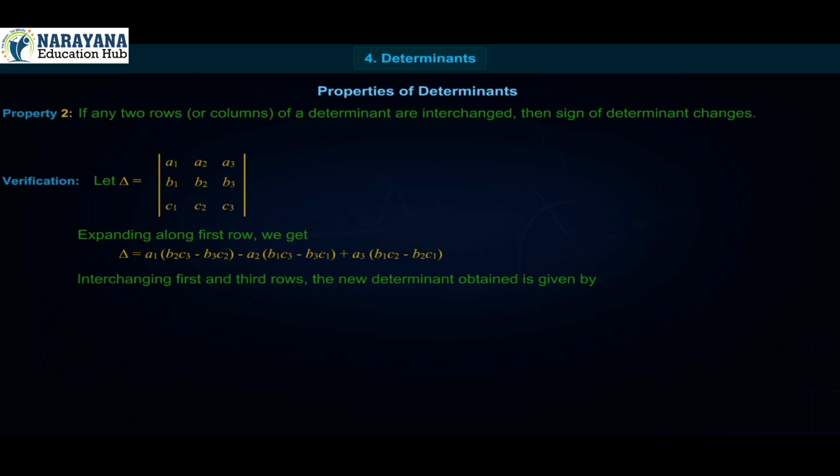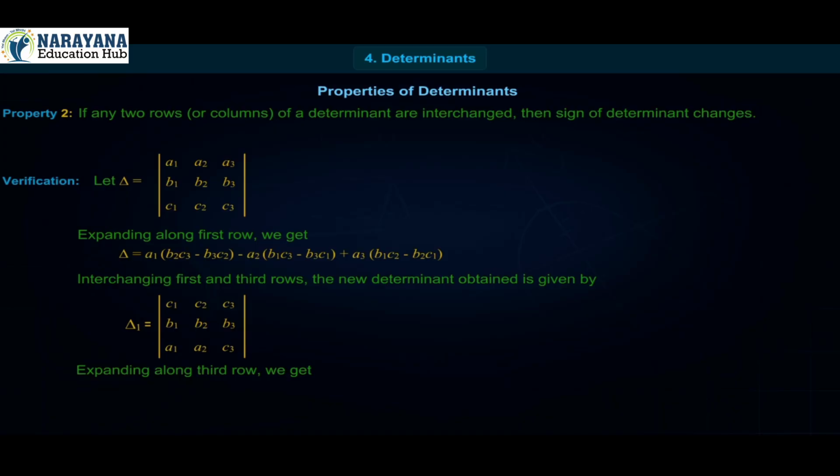Interchanging the first and third rows, the new determinant obtained is given by delta 1 is equal to determinant [C1, C2, C3; B1, B2, B3; A1, A2, A3].